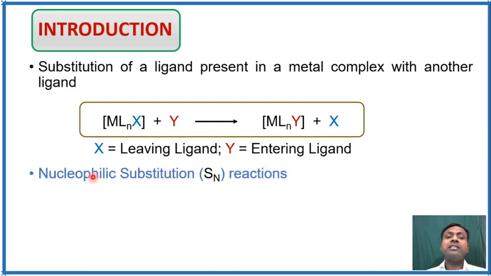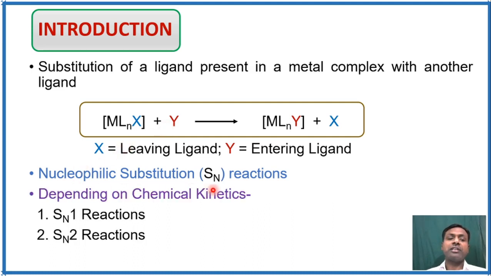Generally these reactions are examples of nucleophilic substitution reactions. As we know, the metal is a positively charged center and the ligands carry negative charges. So here the entity which has a negative charge, that is the nucleophile, is substituted by another nucleophile Y. Therefore, these reactions are nucleophilic substitution reactions.